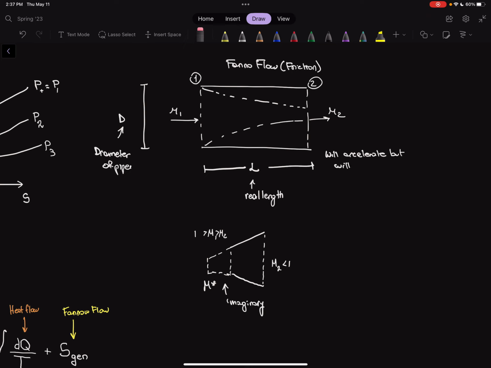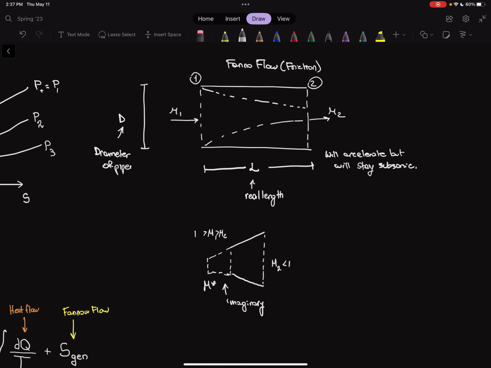Okay. But here, let's say, so that's a very particular case. Let's say we are in a random case. So we have here, it accelerates and we reach a faster subsonic value here. So you can imagine that Mach equals 1 would be farther somewhere. So you can do something like that.